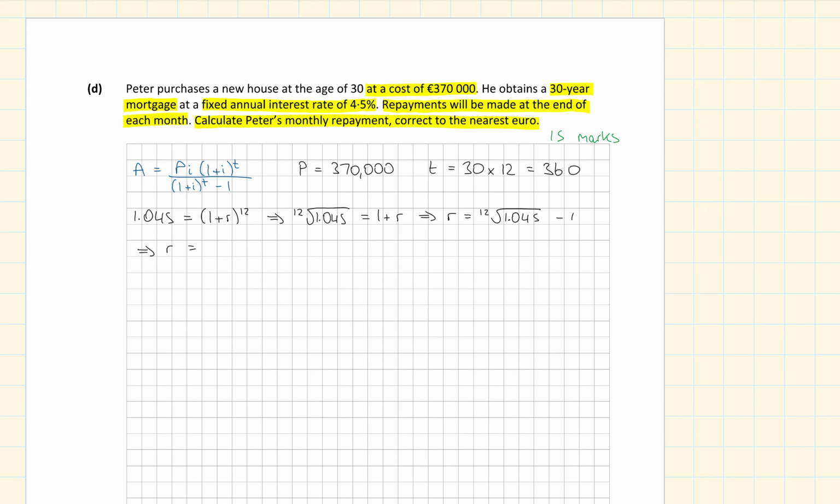So for the monthly rate, the 12th root of 1.045 minus 1 will give us 0.003674809.